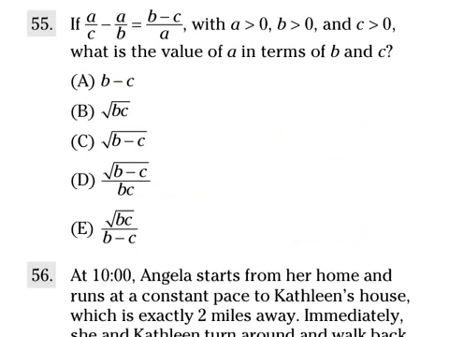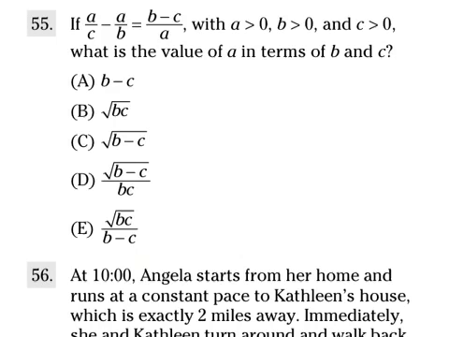So on 55, if A over C minus A over B equals B minus C over A, with A greater than 0, B greater than 0, as well as C greater than 0, what is the value of A in terms of B and C? So you have to start by multiplying all three terms by ABC to get rid of the fractions.